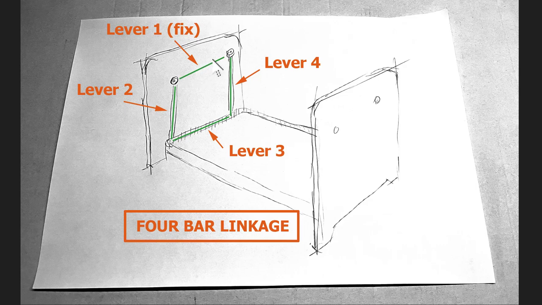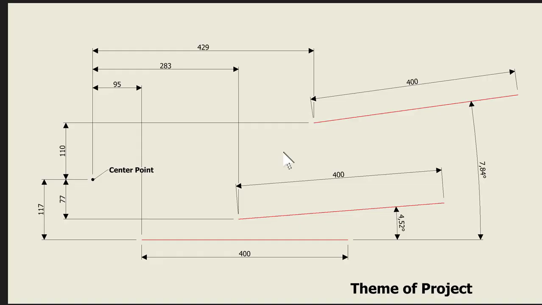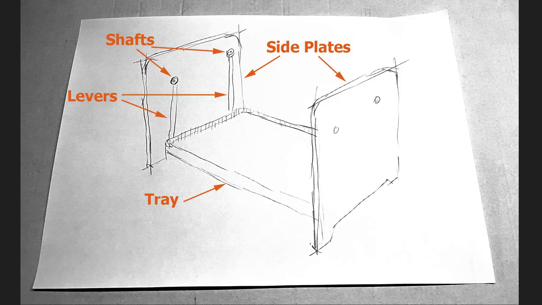A lever is fixed and the other 3 are movable. All you have here are these 1, 2, 3 red lines, well dimensioned, okay, which represent the positions of this tray when these 2 levers are moved.